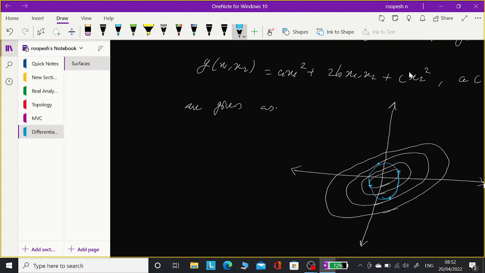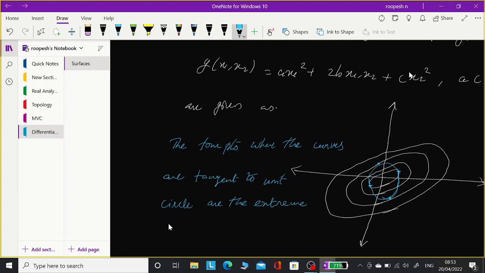Now the 4 points where these curves are tangent to the unit circle are the extreme points of G on S. So this is the idea of how we can get these extreme points.